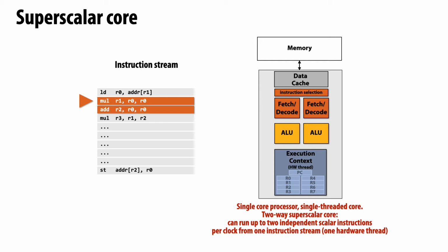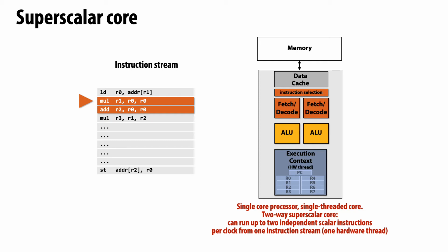And now notice that there are 2 ALUs to perform those instructions. On the left, I'm showing you 2 orange bars to highlight the instructions that were chosen by the processor to run at the same time, because these instructions are independent. I can multiply R0 by R0 and add R0 with R0 at the same time.